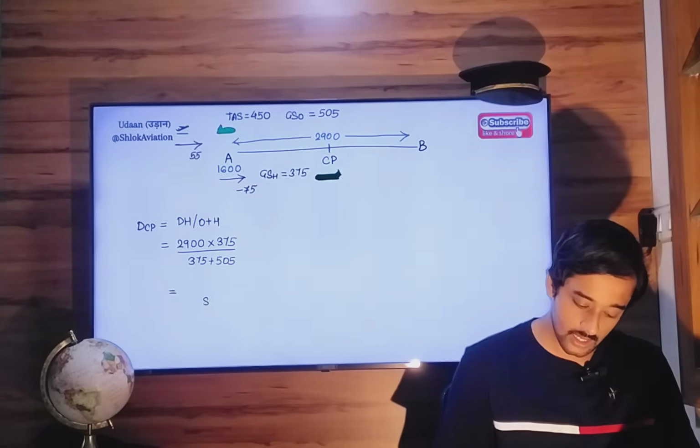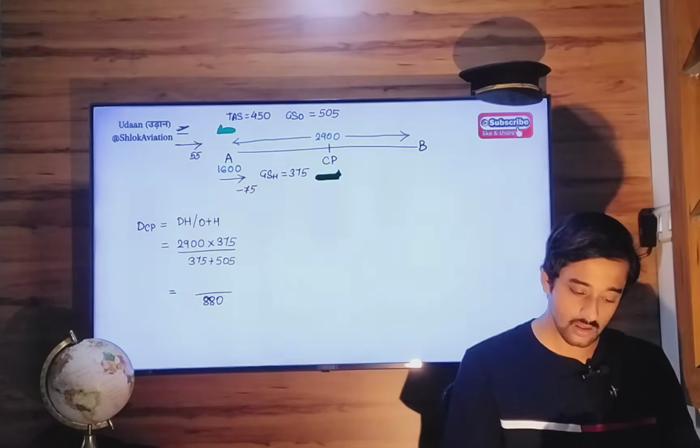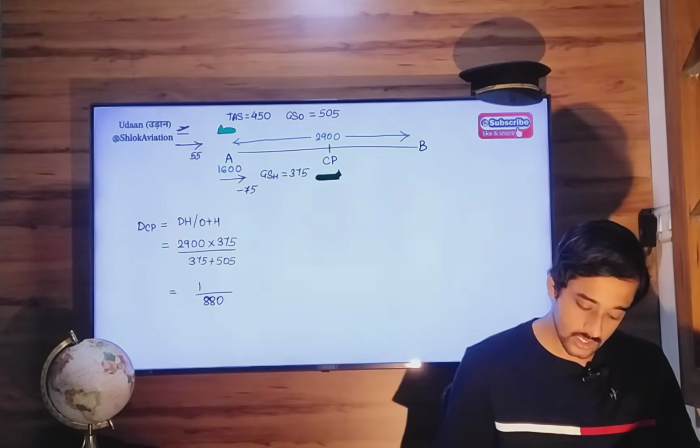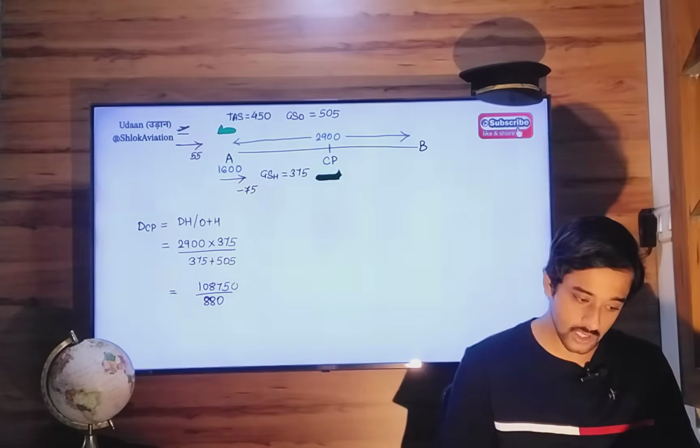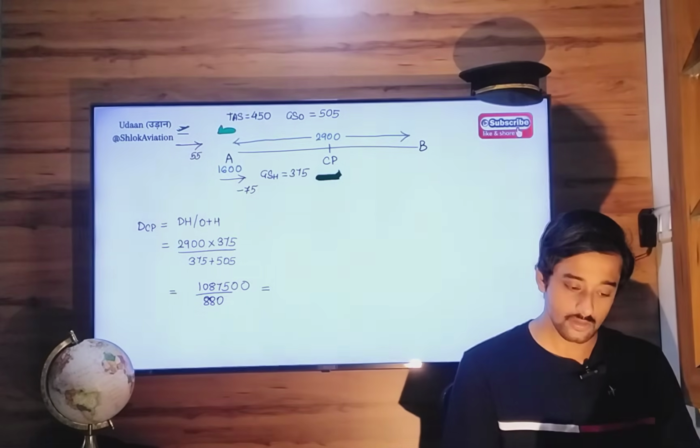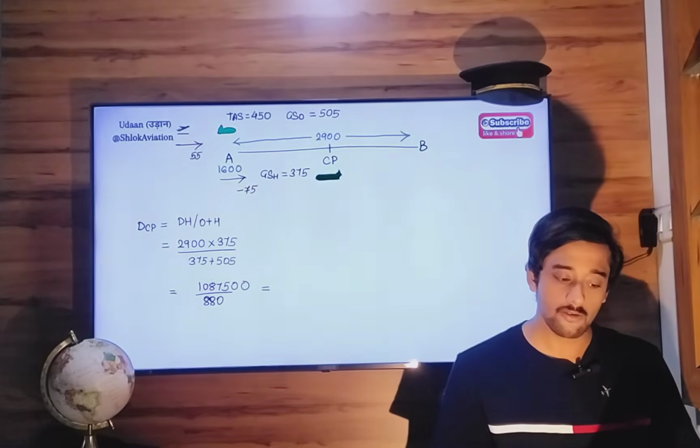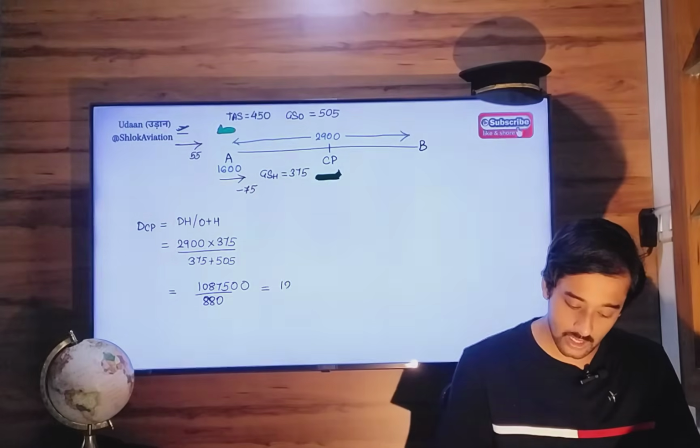So 880 in the denominator. 2900 into 375 is 1087500. So 1235.7 or 1236.